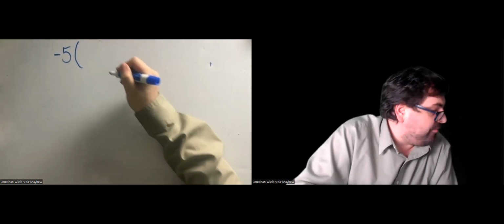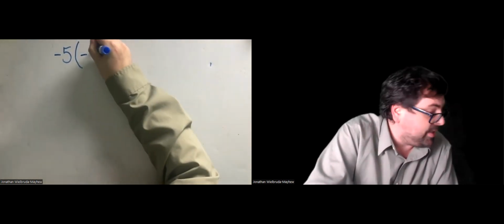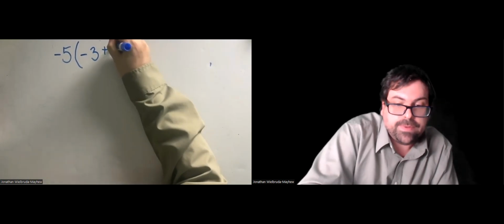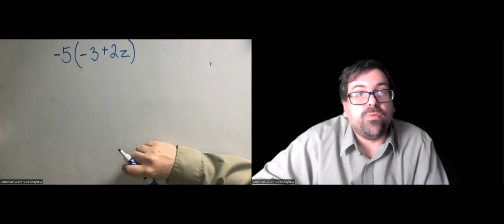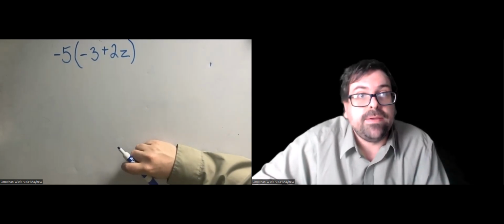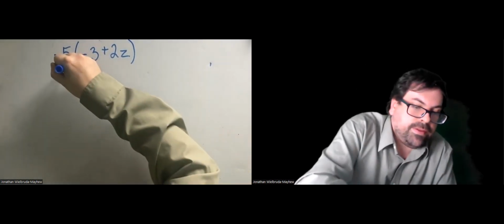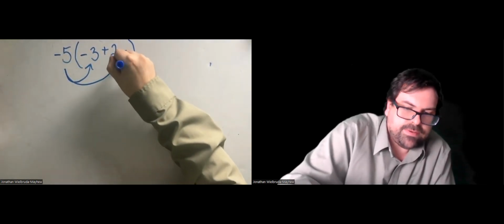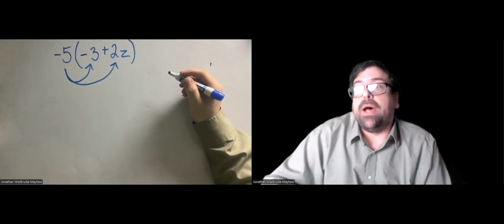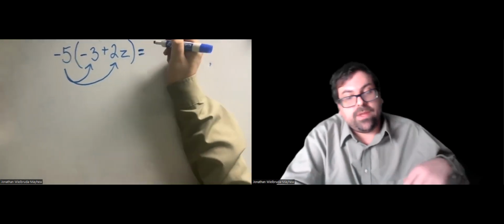Let's say we had negative 5 times, in parentheses, negative 3 plus 2z. It's the negative 5 times both of these things. But we're being careful.